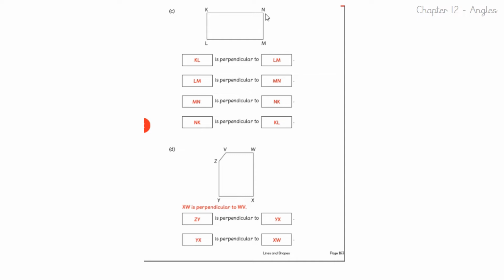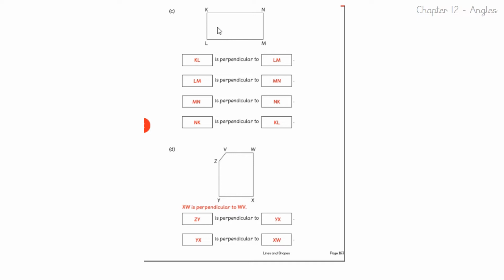MN is perpendicular to NK because they meet at a point and they make a right angle here. And KL is perpendicular to LM. Have we done this one already? I think so. Yeah, that was the first one.